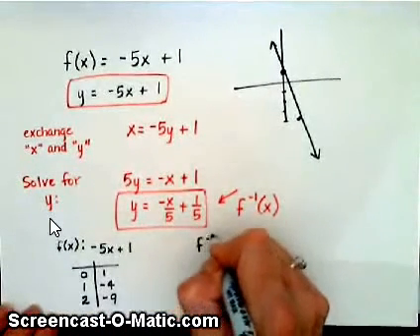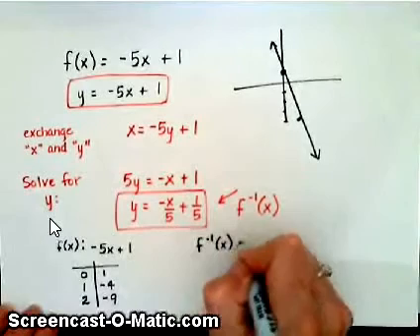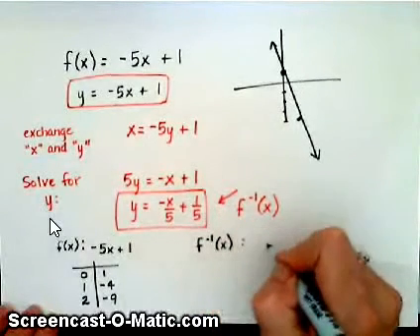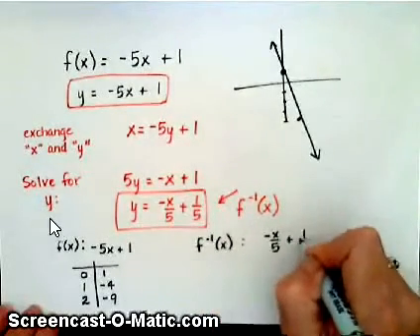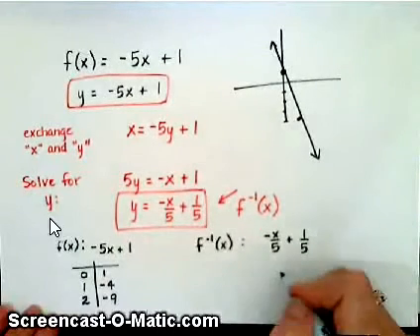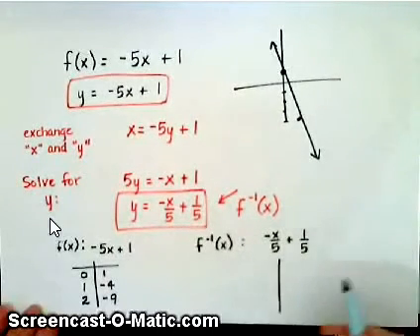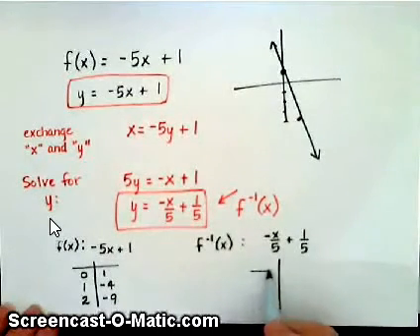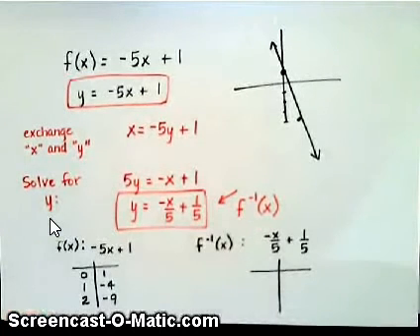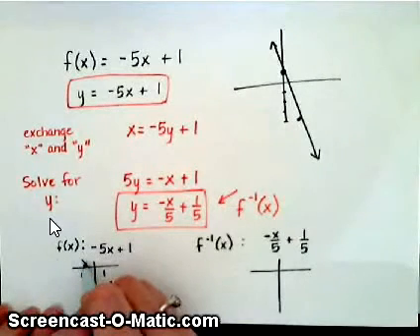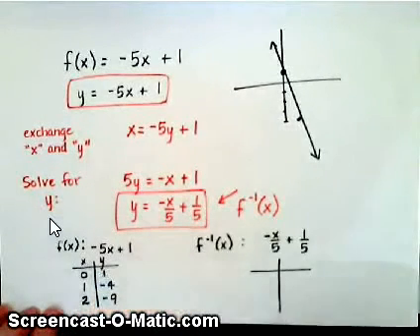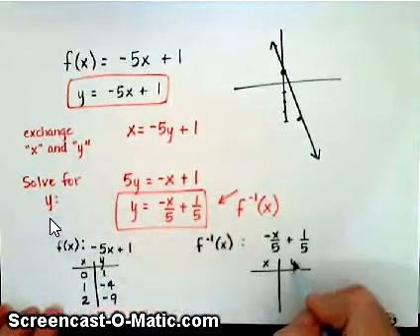F inverse of x, we said, was y is equal to negative x over 5 plus 1/5. Now honestly, the smart thing to do is to put in values that would make this nice round numbers, but we're going to try these values that we just put in, where this is your x and this is your y. So what we're going to do is switch those two.